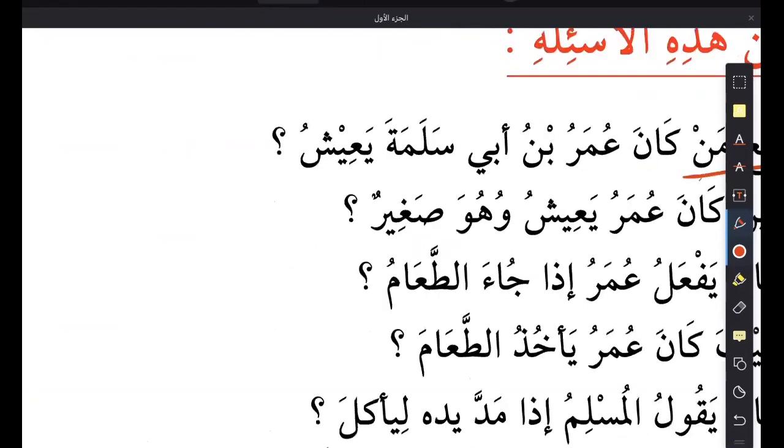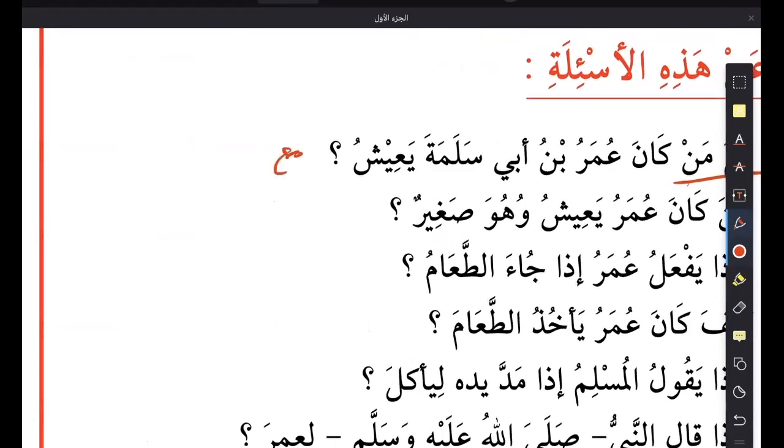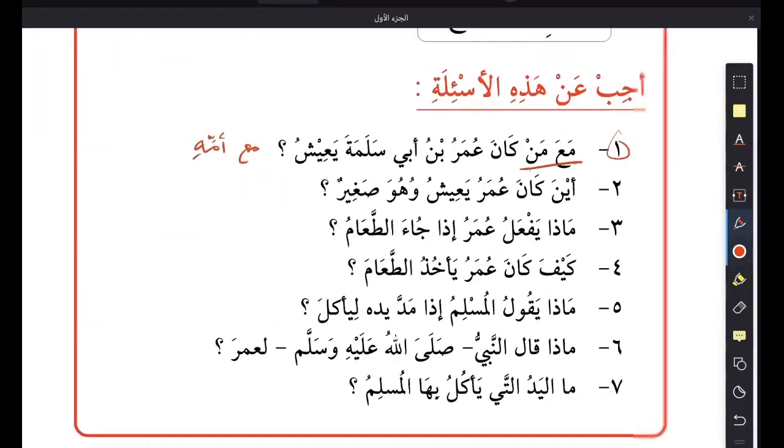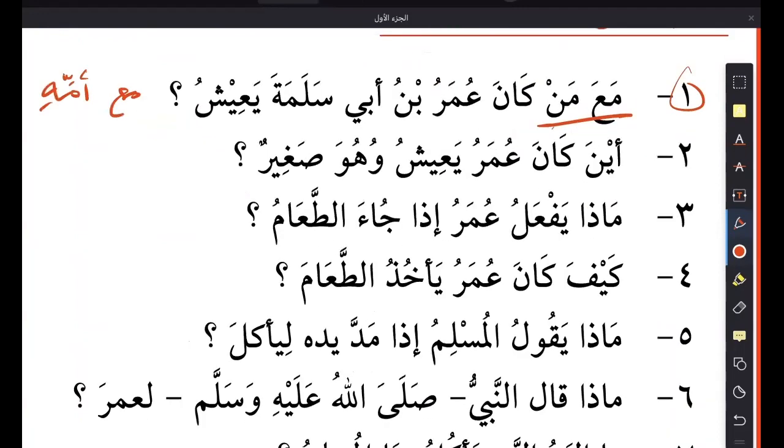So if you want to answer very short, you can just say ma ummihi. Aina kana Umar yaishu wa huwa صغير. Aina talks about place, location. Where was Umar living when he was small?